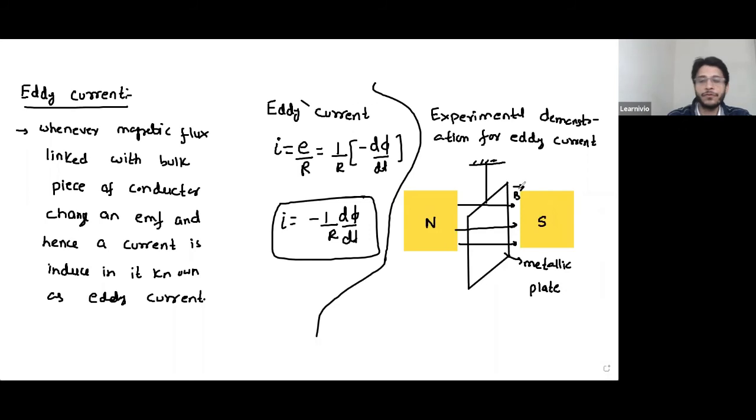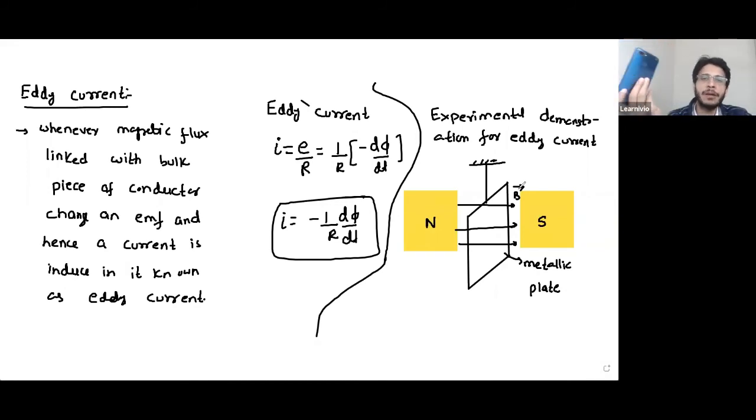Now when this plate is oscillating in between the magnetic field, as soon as you switch on the magnetic field, the motion of this plate will get restricted. While moving into the magnetic field, this plate will get restricted. You will experience that this plate will stop in between.